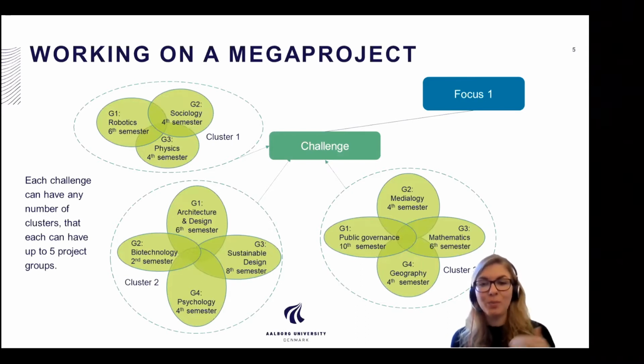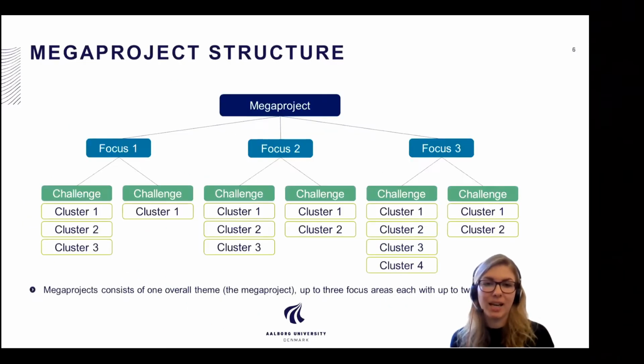Yeah, so if we zoom out a bit, this is how the mega project structure looks. We have the overall mega project theme on top, and then we have up to 3 focus areas. These focus areas are not something that you should hang on to. It's just a way for us to put the different challenges and themes into systems.